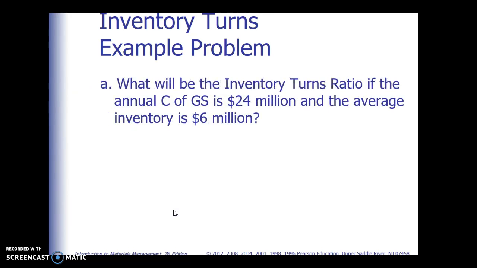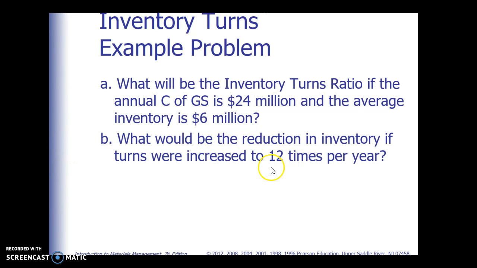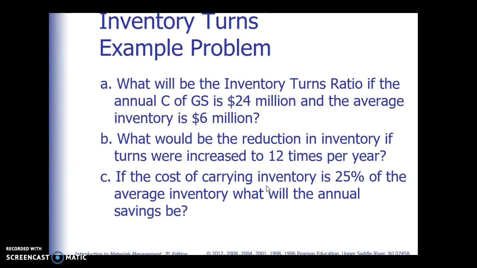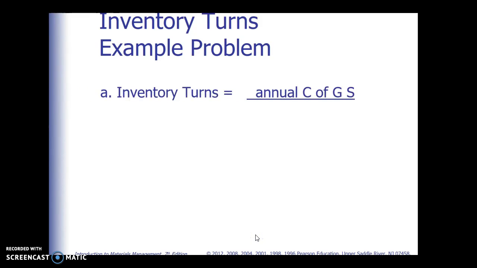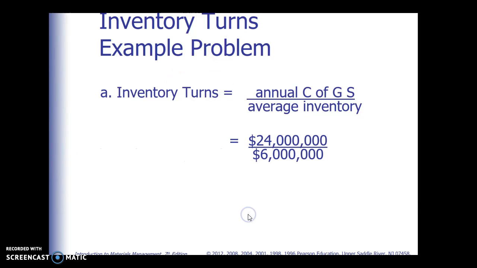Here's an example problem for inventory turn. Take out a piece of paper again and see if you can figure the inventory turn for A, B, and C. For extra points, email me your answers to A, B, and C. Let's look at this second inventory turns example.